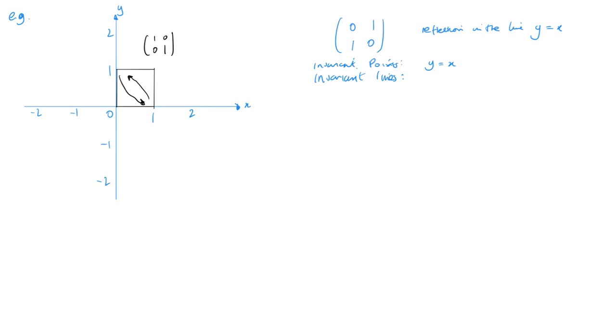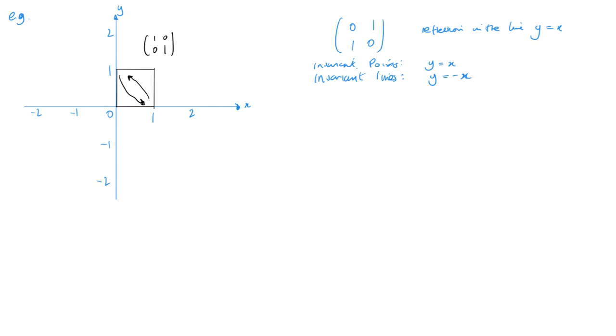Now the invariant lines are in this direction. So can you see, if I drew a line through this one and this one, this invariant line would stay the same. It would flip from here to here, but it would map onto itself again. So this is y equals negative x.